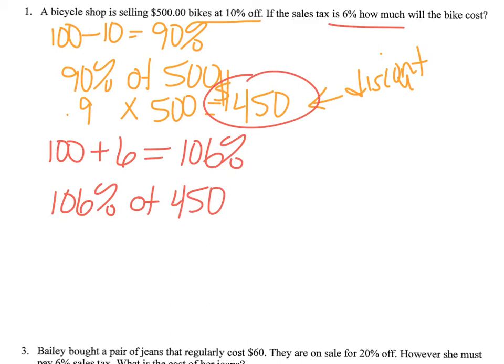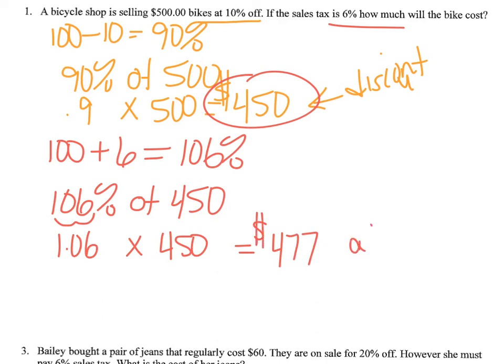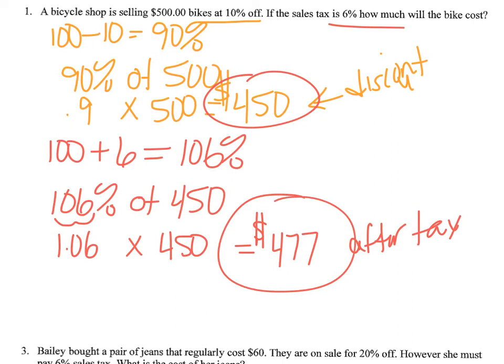So I need to change this to a decimal, which is moving the decimal back 2 places, is 1.06 of means times 450. So we have 1.06 times 450, which gives us $477. So this is after tax. That's the price after tax.